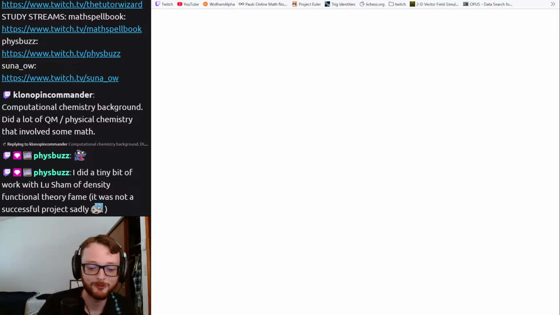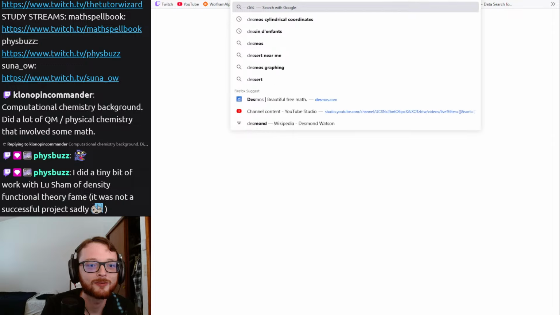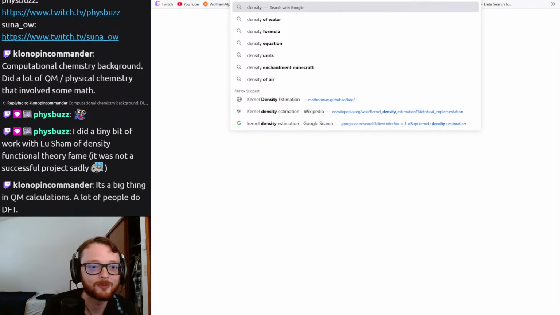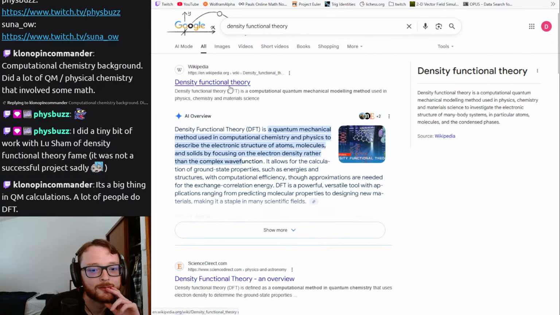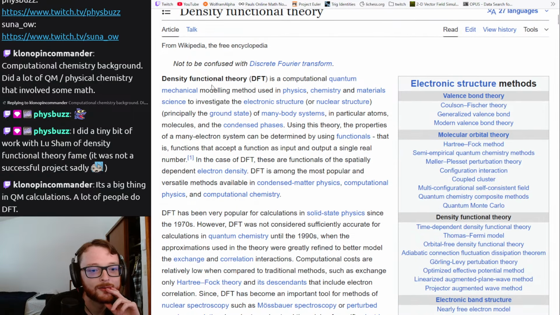Oh, computational quantum mechanical modeling. Electronic structure or nuclear structure. Many body systems. Okay.